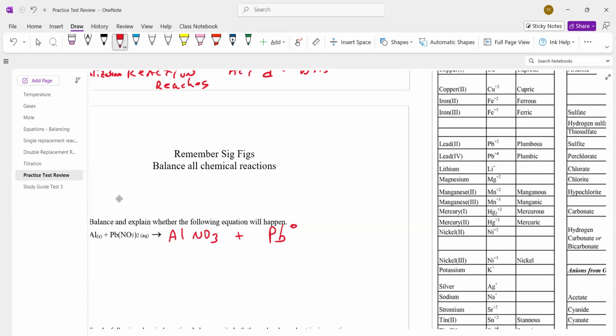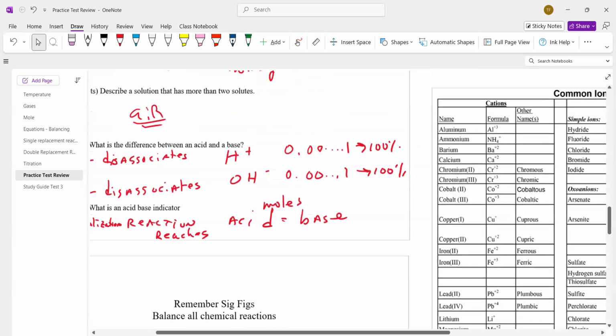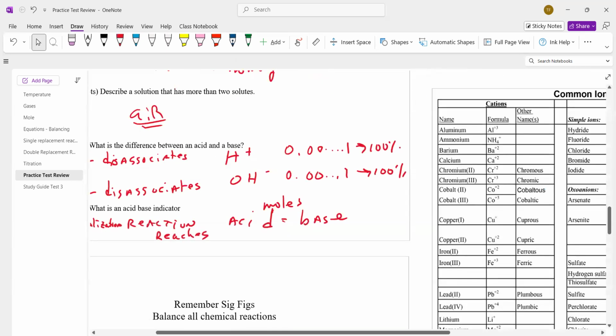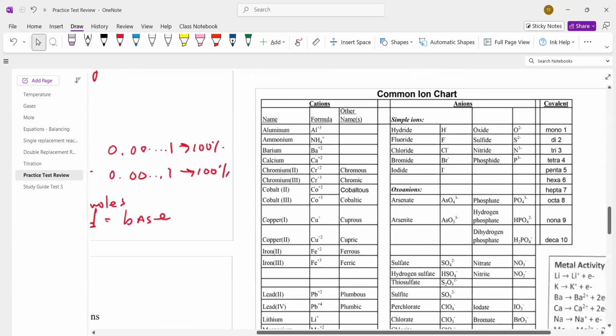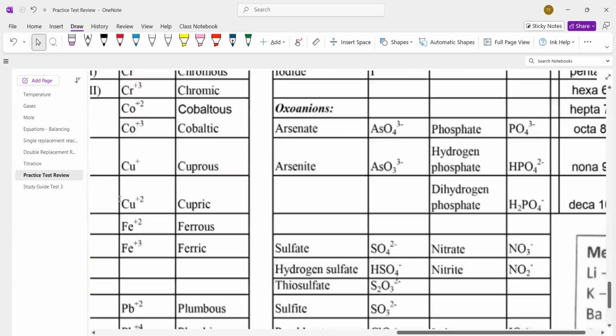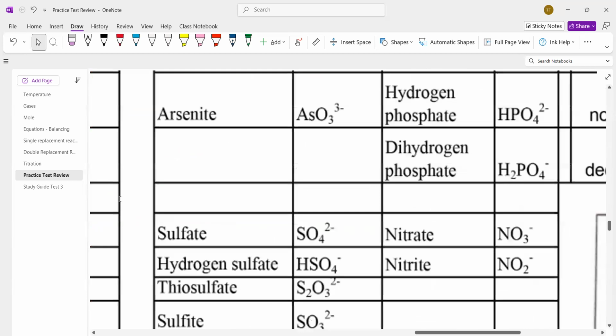Aluminum. Okay. We have aluminum nitrate. Now, is that the right formula for aluminum nitrate? Aluminum is Al plus 3. And nitrate, as we already mentioned, is -1. So how many nitrates do we need to balance the aluminum? 3.